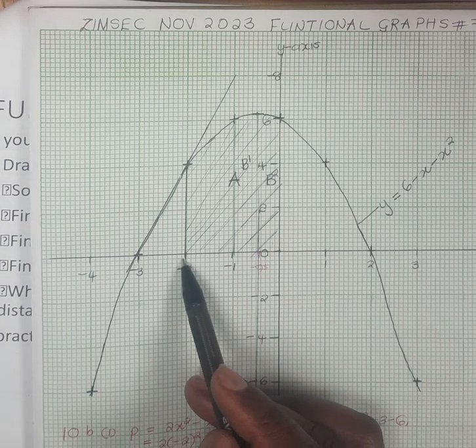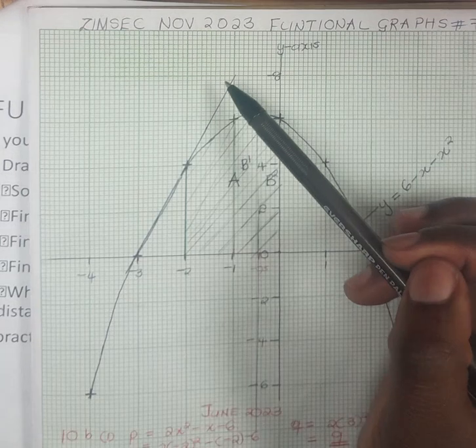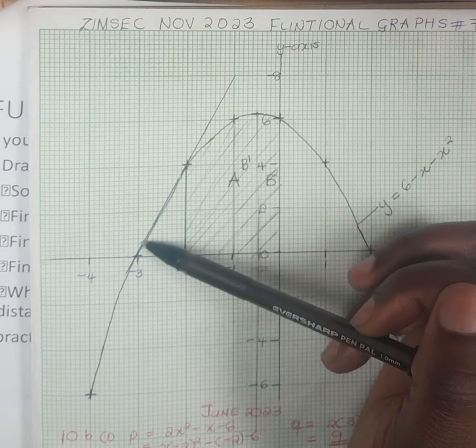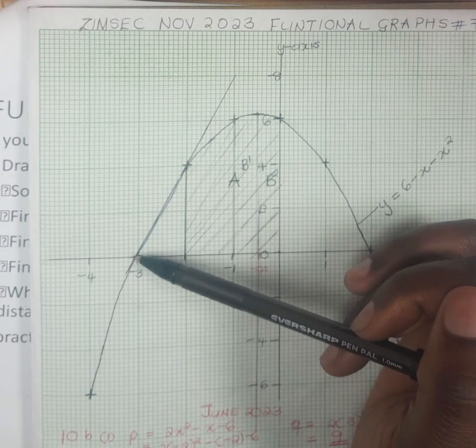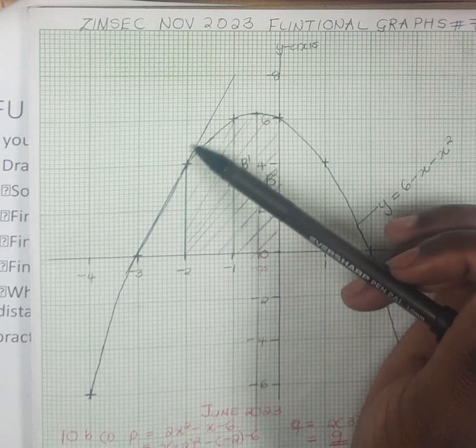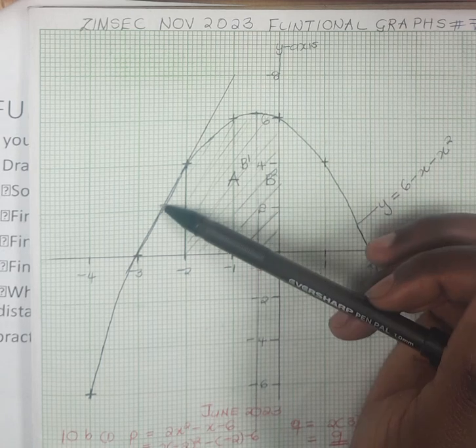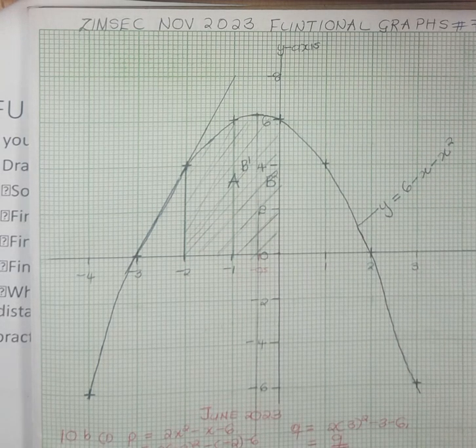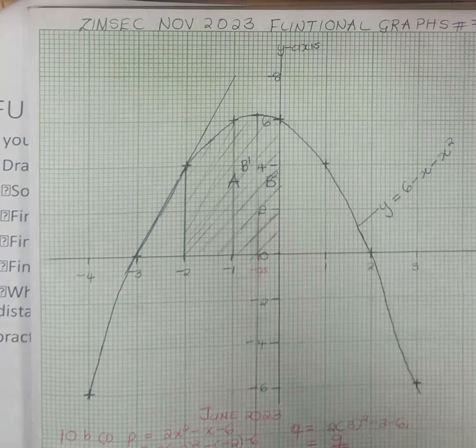This is our x is equal to minus 2. We are going to draw a tangent that is in line with x is equal to minus 2. And then we take endpoints that lie along that tangent, and then we find the gradient by saying change in y over change in x.